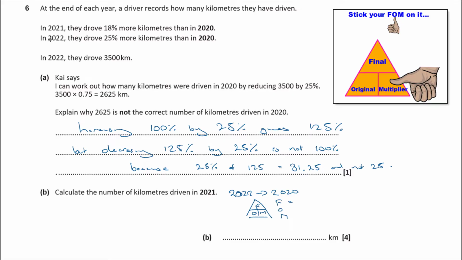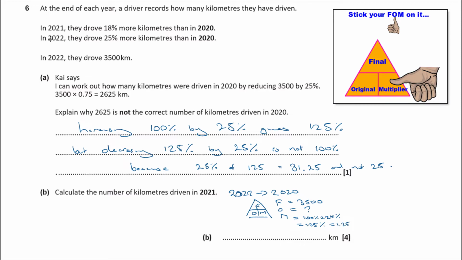The final is what you got in 2022 because that came second, and that's 3,500. The original is the thing we're looking for, the amount we had in 2020. And the multiplier here was a 25% increase, so that's 100% plus 25%, which is 125%, which as a decimal is 1.25.